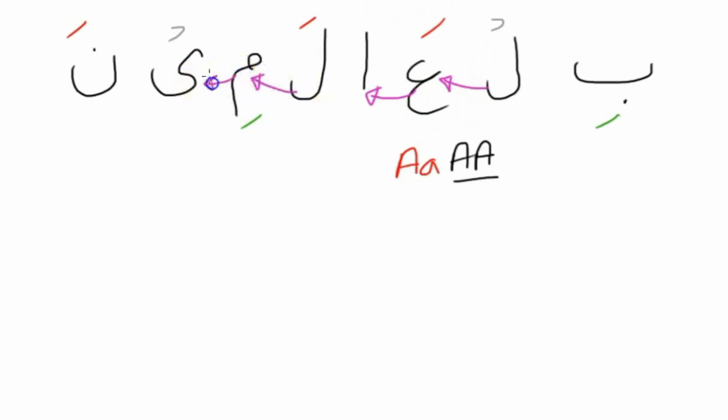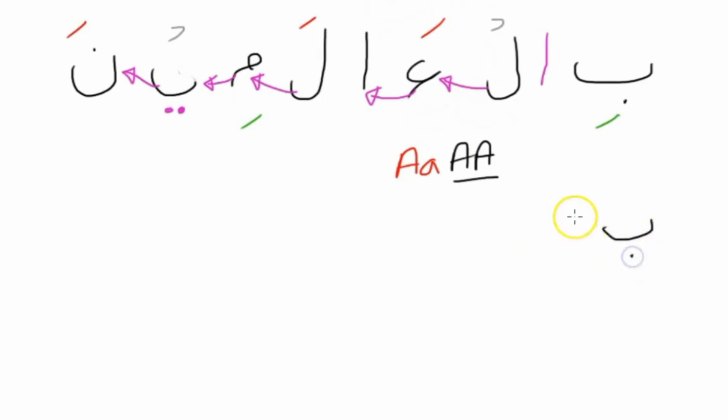The ma is joined with the ya, so mi sukun na. Bil la mi na. Now this word is actually written with a silent alif just before the lam. So it's written there, but it's pronounced as bil alamina.